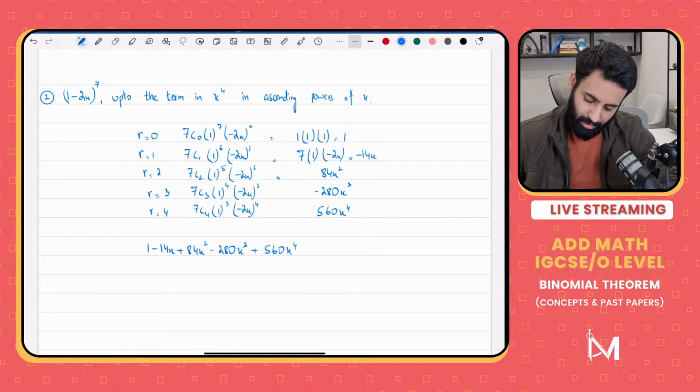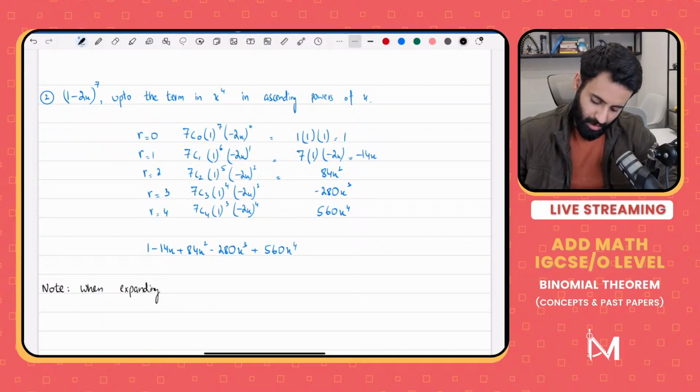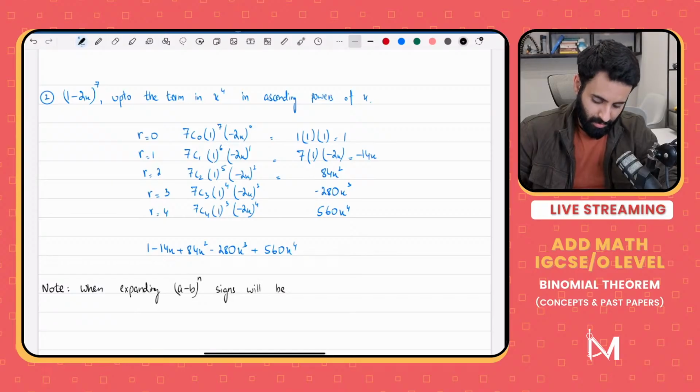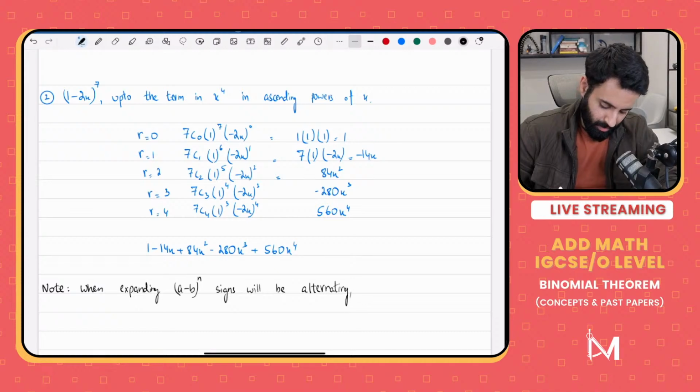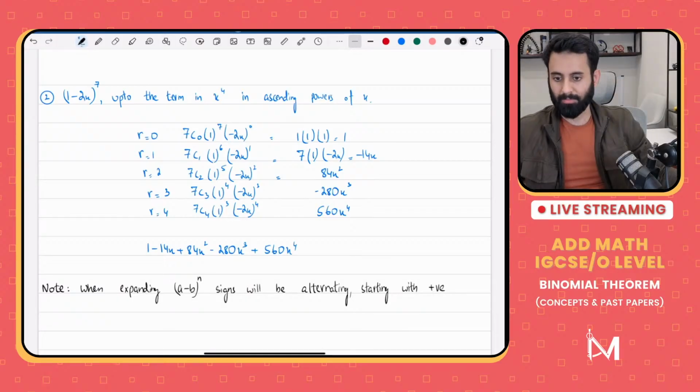Okay, and make a note that here is an important note, and that is when expanding a minus b to the power of n, signs will be alternating, starting with positive.